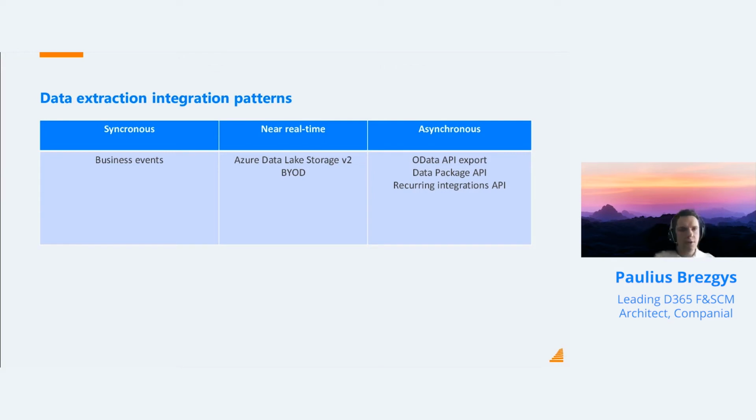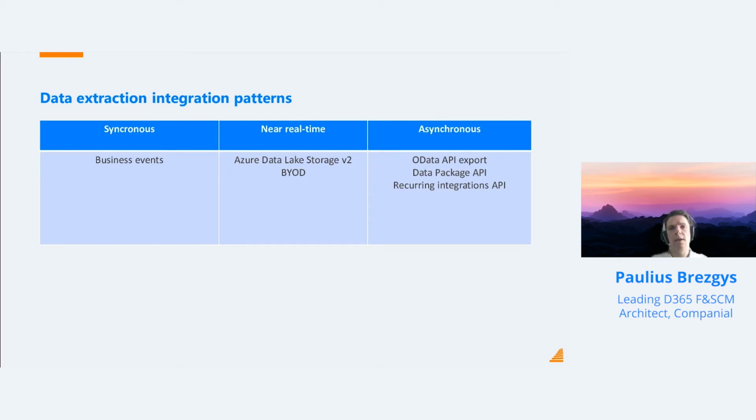Now, if you want a near real-time experience, as we call it, then you should use Azure Data Lake Storage Export or the BYOD. Both of these technologies can be configured in a way that they have like a 10-minute delay. So if your integration pattern allows you to have a 10-minute delay, it's okay to use those and rely on them for that integration.